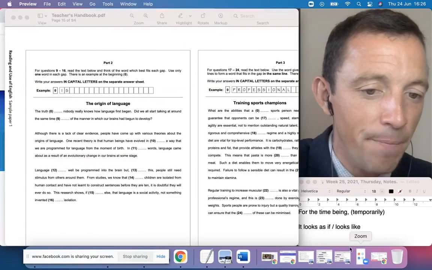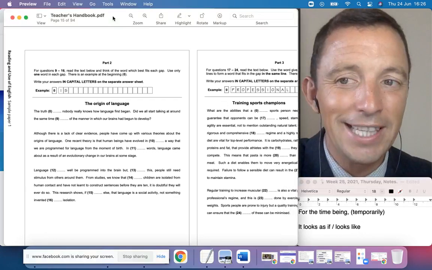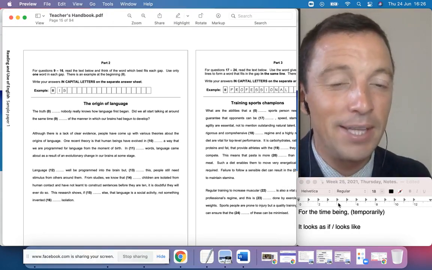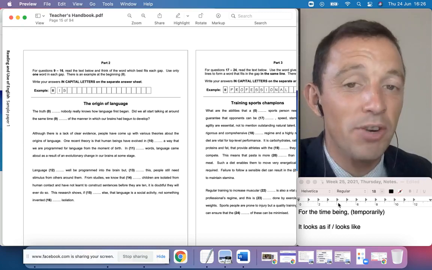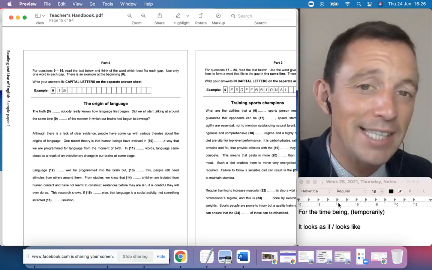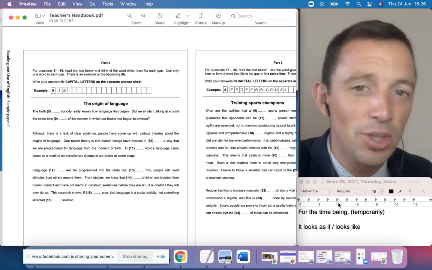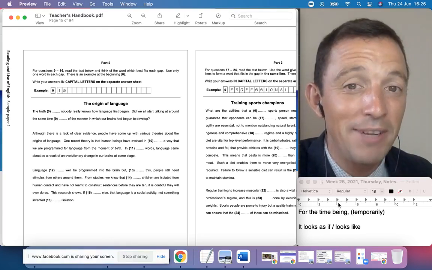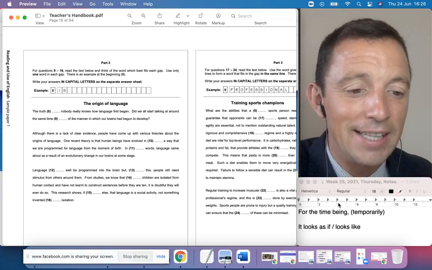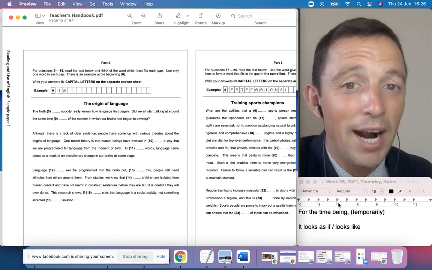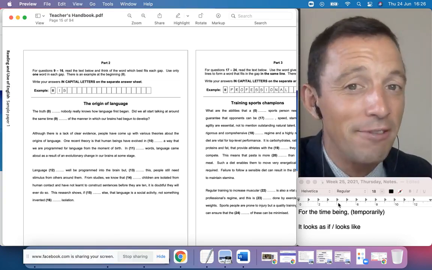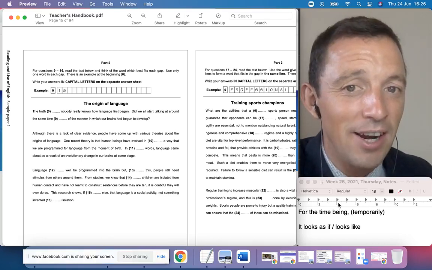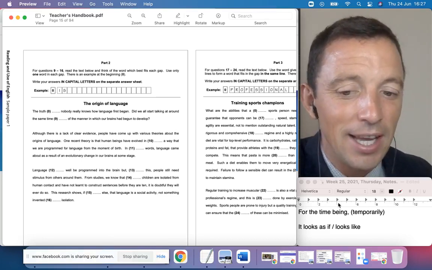This is material for the C1 Advanced. It's very good practice. It does not matter if you're preparing for the exam. I think it's still just good practice to learn English, these exercises.